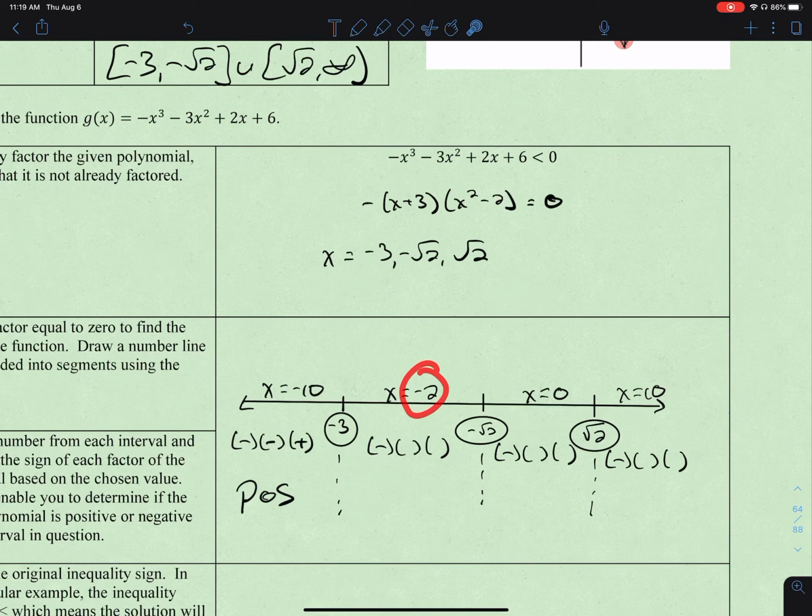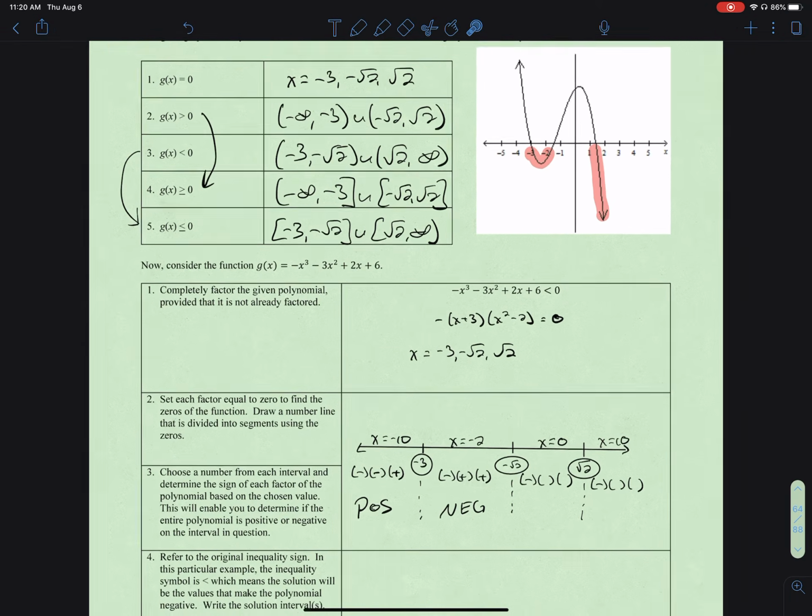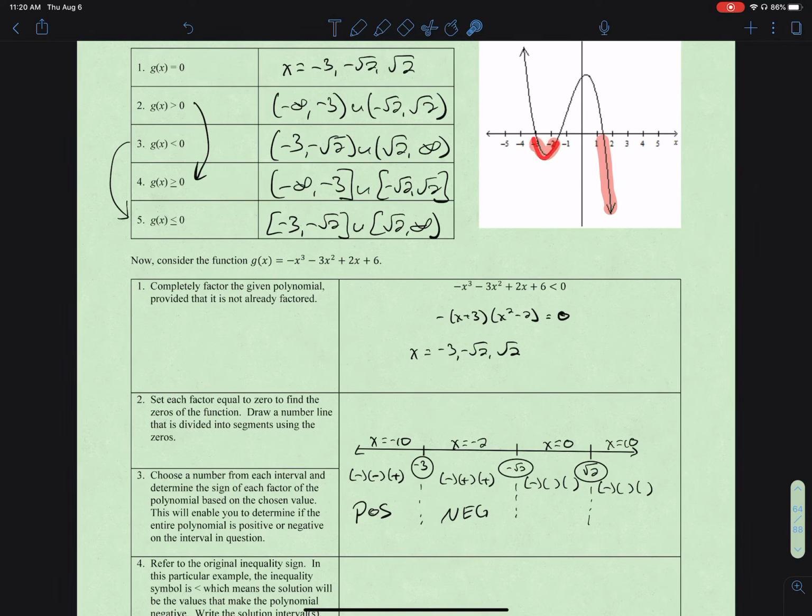If I put a negative 2 into this, negative 2 plus 3 is positive. Negative 2 squared is a positive 4. Positive 4 minus 2 is positive. So the product of these is negative. We would expect the graph between negative 3 and negative square root of 2 to be below the x-axis. It is.